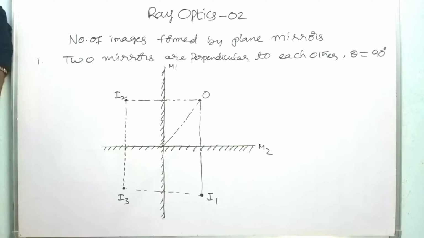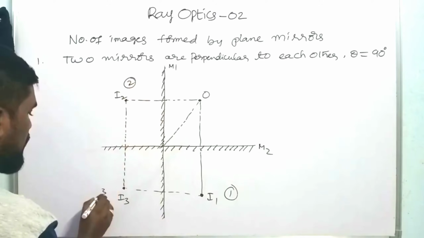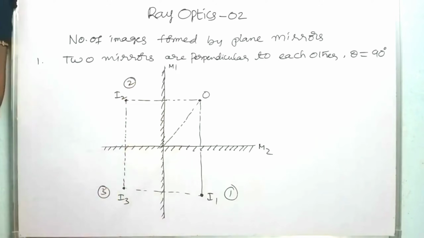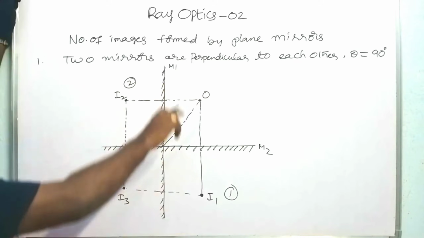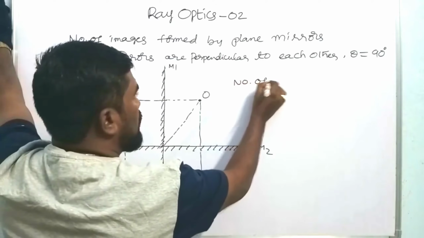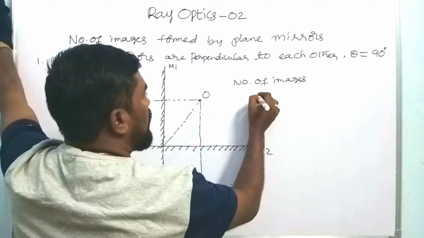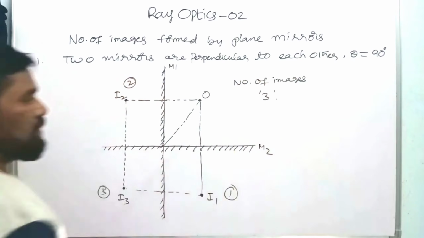So the total number of images, how many? This is 1, this is 2 and this is 3. If two mirrors are perpendicular to each other, then the number of images is only 3.